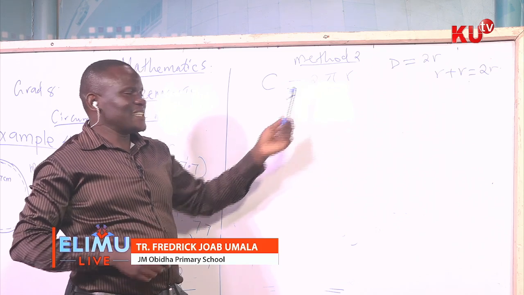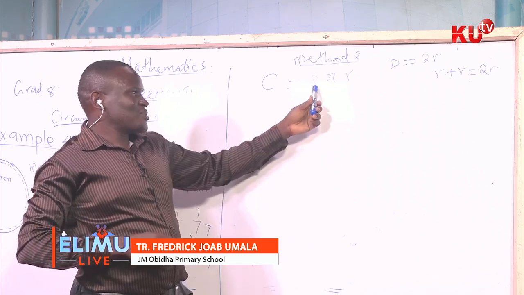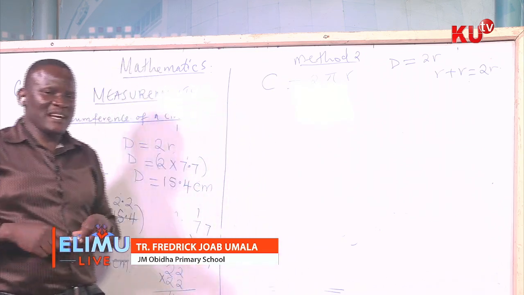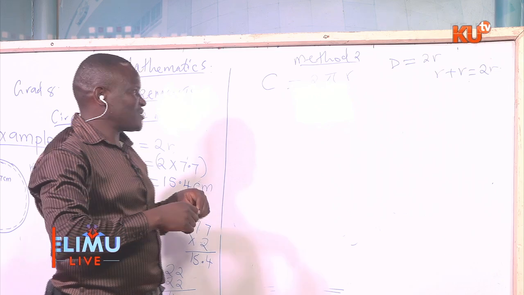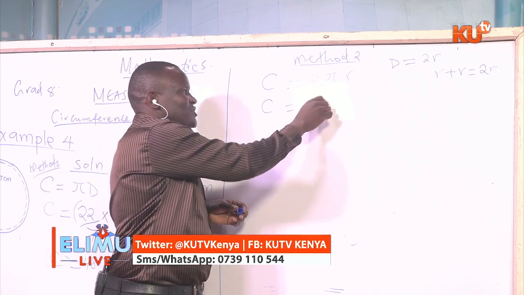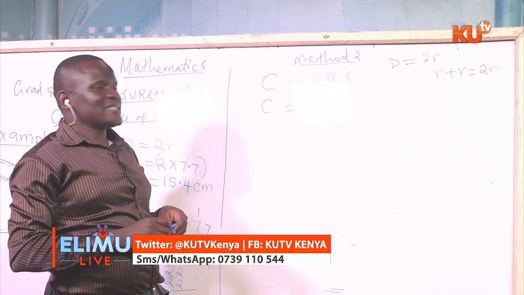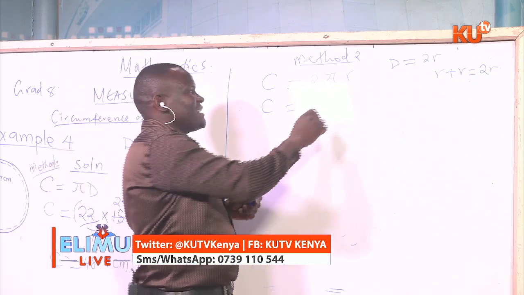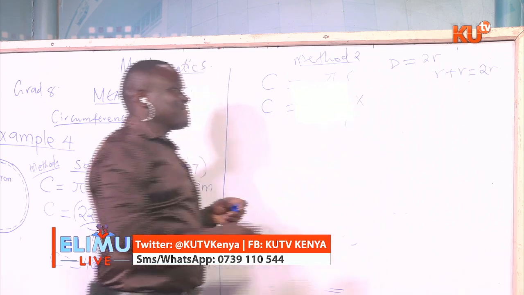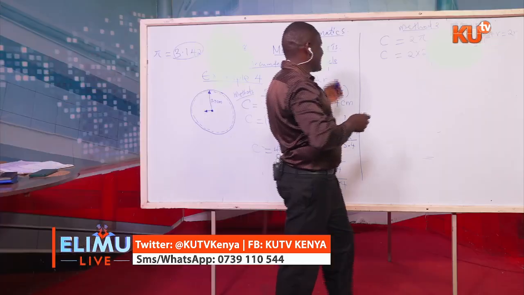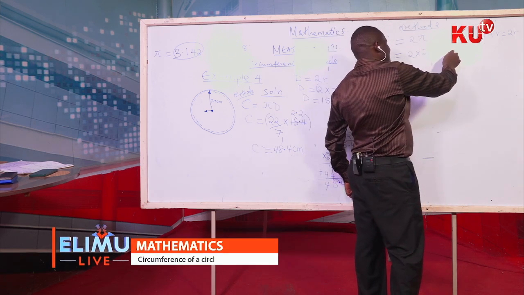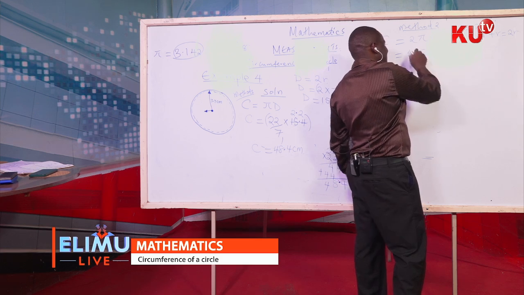That's the reason why we shall have 2 pi r as the second formula that we are using to calculate the same question. So circumference will be equal to 2 times pi, which is 22/7, times the radius. Our radius, in our case, the minute hand, was 7.7.